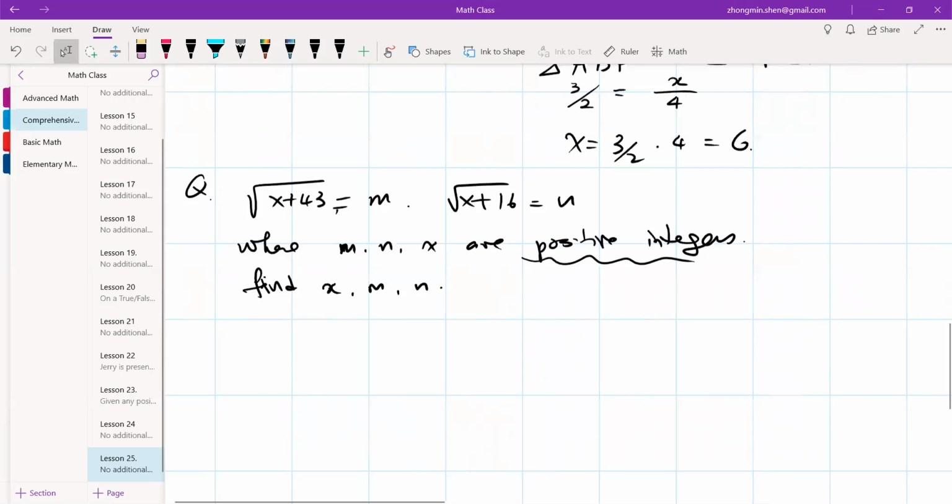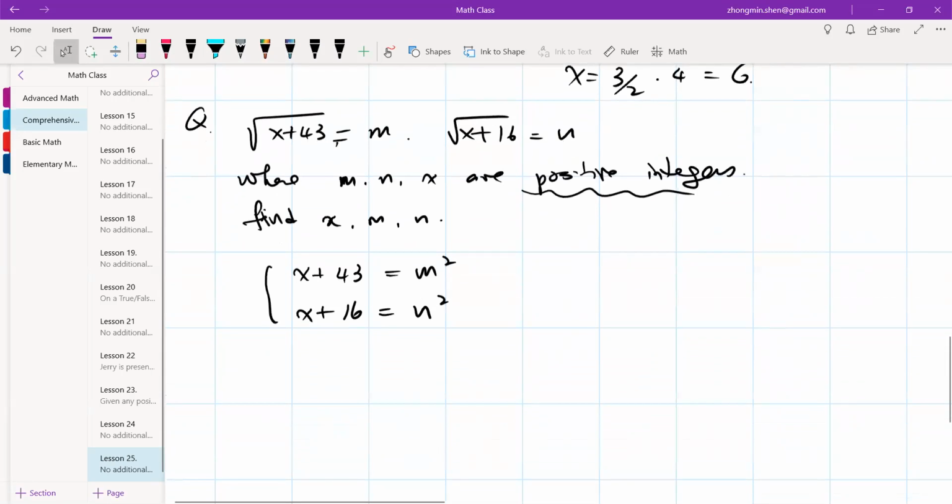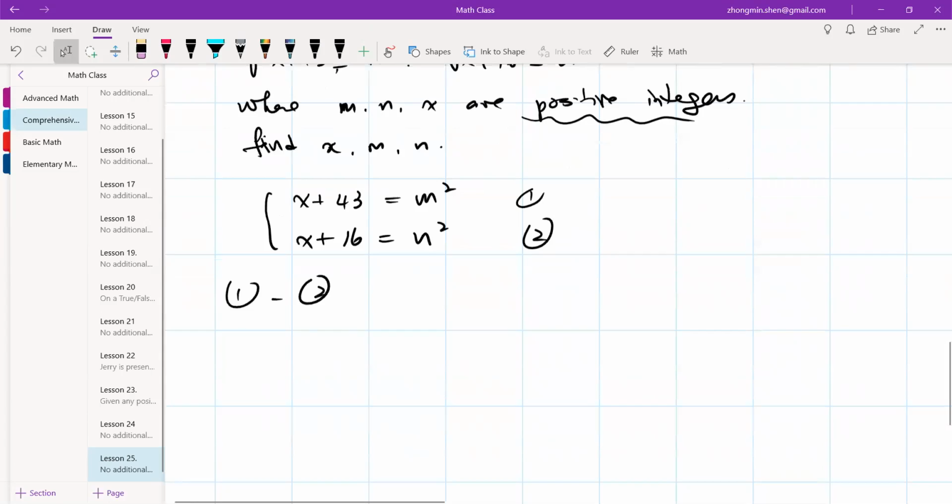Well, you don't like radicals, so you square it. x plus 43 equals m squared. Then x plus 16 equals n squared. The first thing you have to do is to eliminate one variable, and it's easy to eliminate x. So equation 1 minus equation 2. You get 43 minus 16 equals m squared minus n squared.